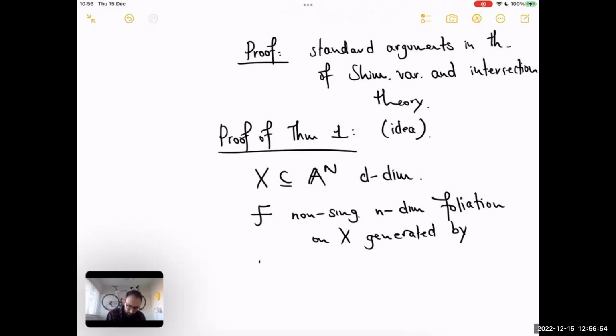So let me write that as psi 1. My slide's gone a bit awry, but these are commuting vector fields.